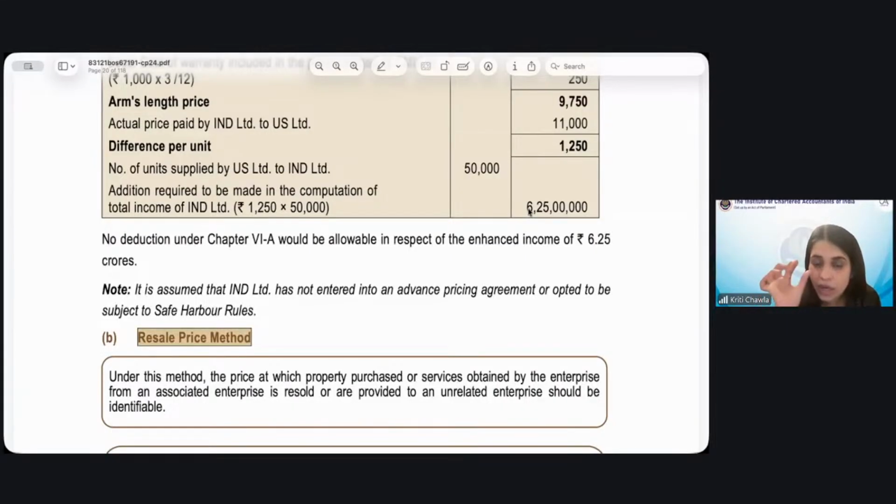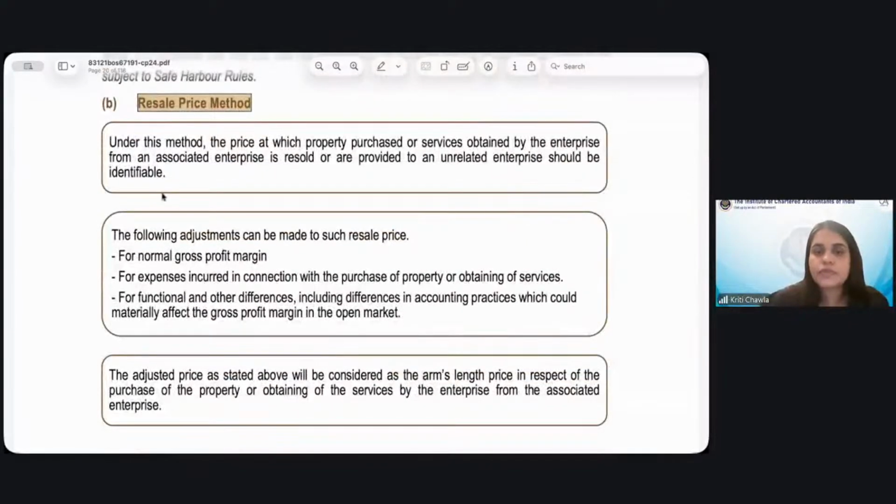If they make that one-time tax of 20.9664%, then there will be no need for secondary adjustment, and then there will be no need for interest imputation, etc. And this will be called as the final payment of tax. And finally, there will be no deduction that will be available for that amount of secondary adjustment. This is all that you are expected to write in an examination kind of format.